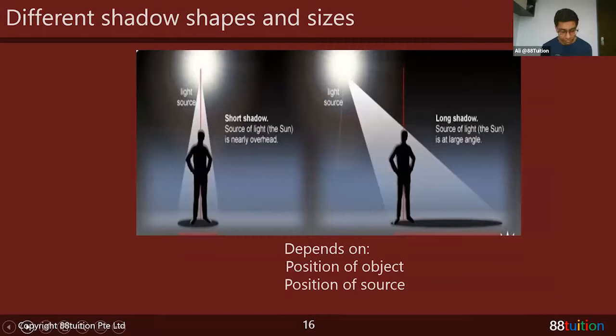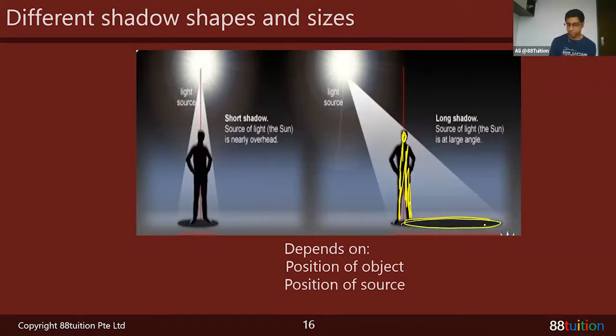So let's look at the sun now. The sun is directly above the man, so you have a shadow that is small. Here the sun is not directly above the man. It is at an angle away from him. So he's blocking all these parts, and therefore it forms a long shadow.